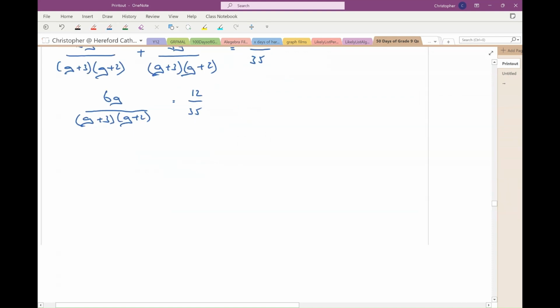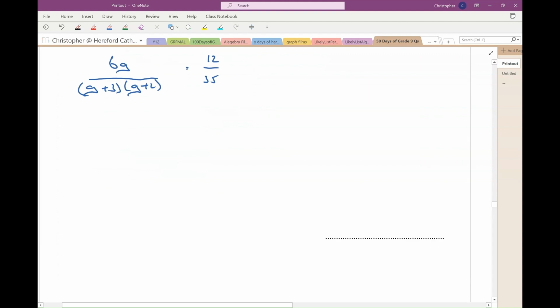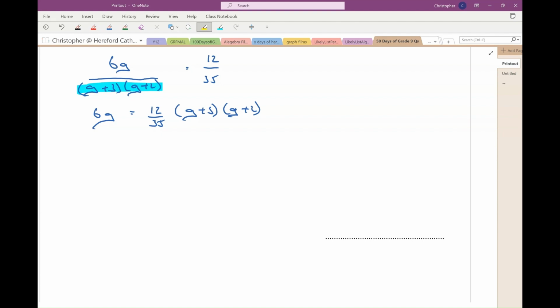Okay, well, let's multiply left and right by this denominator here. So then I'm going to have 6G equals 12/35 times by G plus 3, G plus 2. And now let's multiply both sides by 35. Okay, so that's going to give me 35 times 6G, that's 210G, equals 12 times G plus 3, lots of G plus 2.